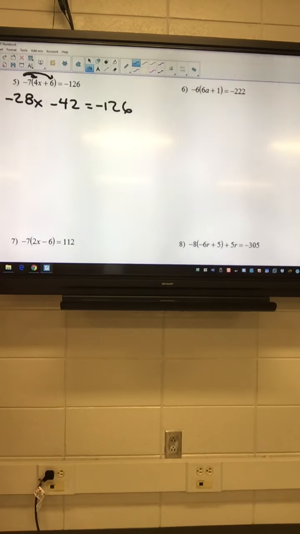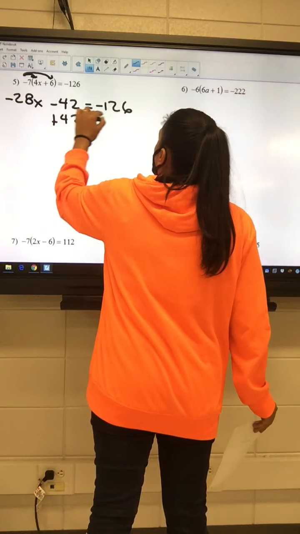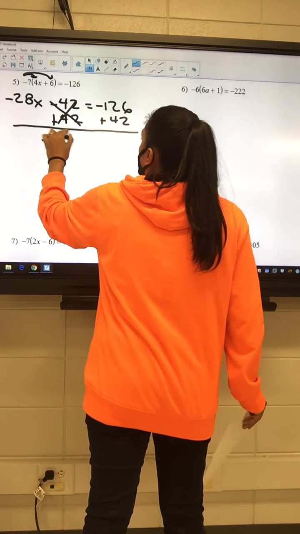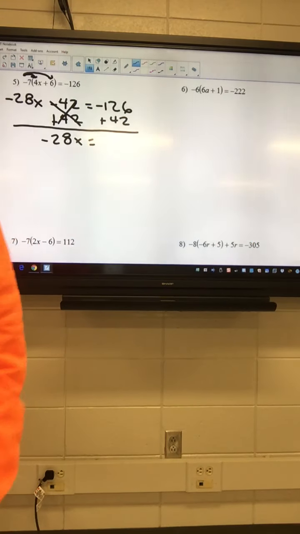Okay, our next step says combine like terms. Do we have any like terms? No. Okay, add or subtract the kid, aka the non-variable. Add what? 42. Minus 126 plus 42.